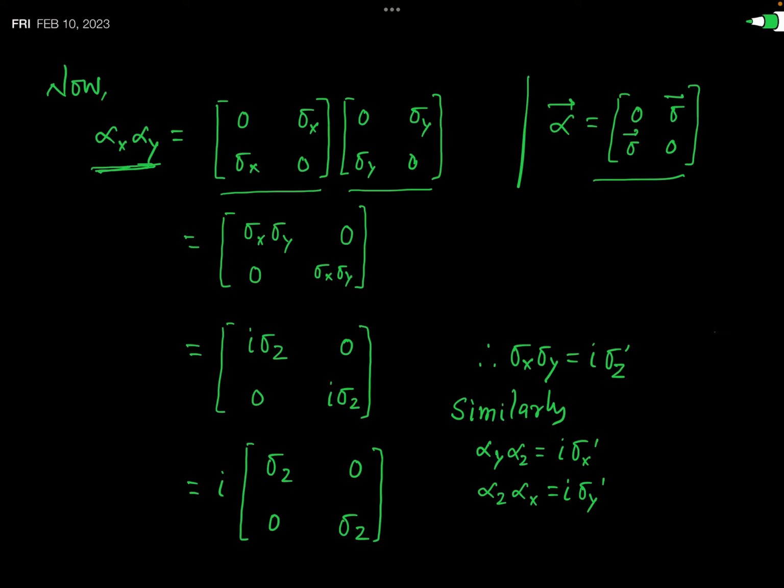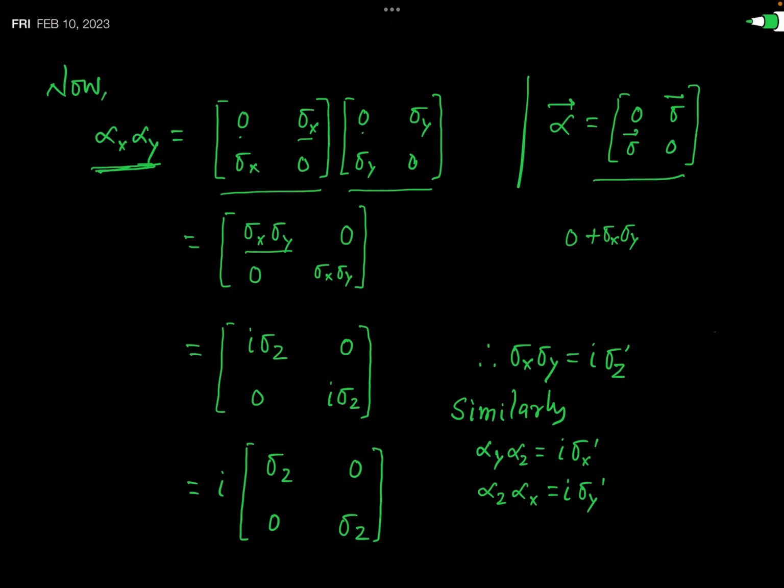Okay, these are just two very simple matrices, and you have to find the product of these two. You can see we will take the product. 0 times 0 will be 0, plus sigma x times sigma y. So the first element will be simply sigma x sigma y.